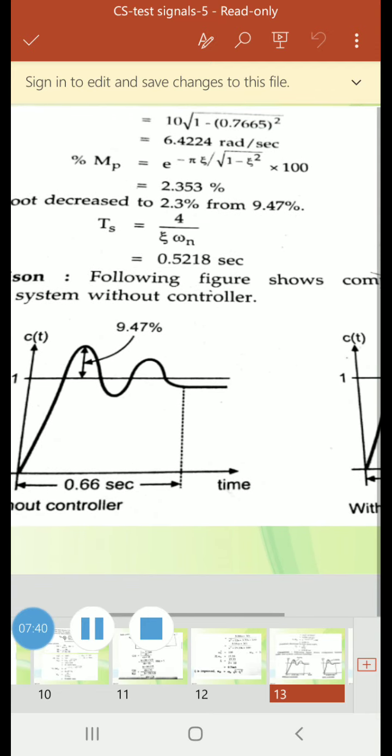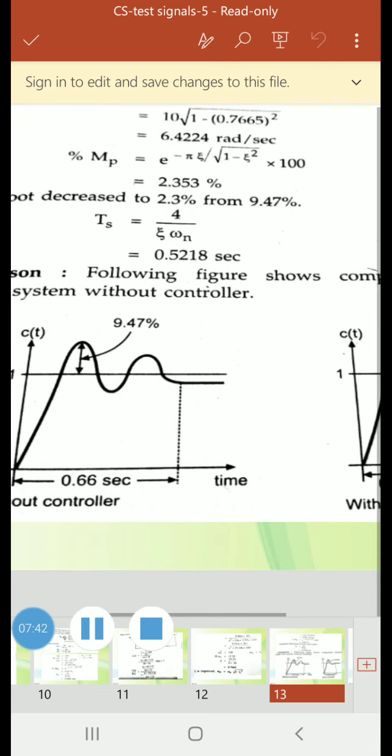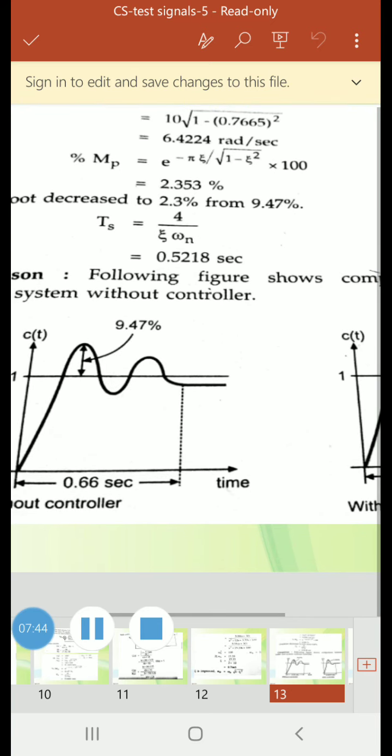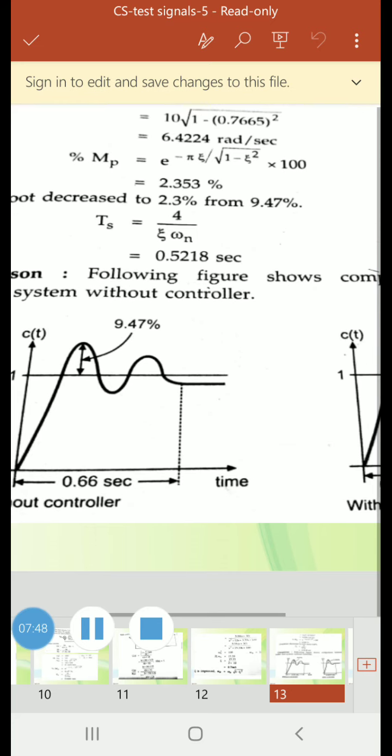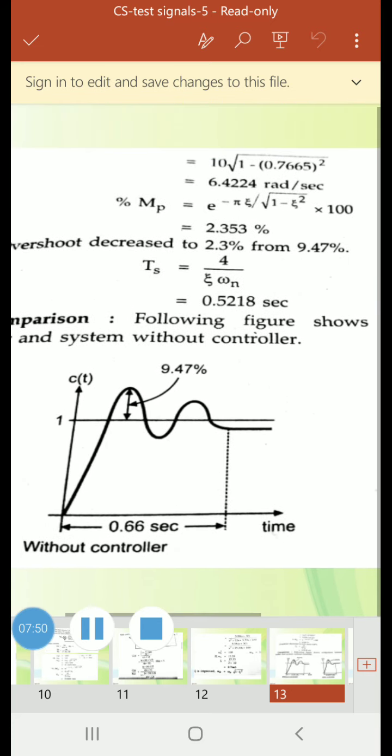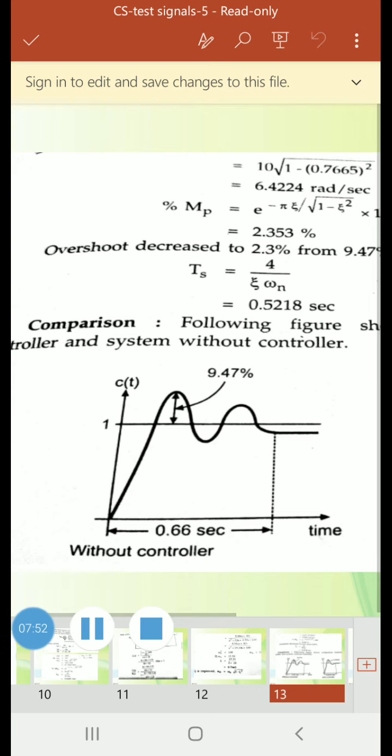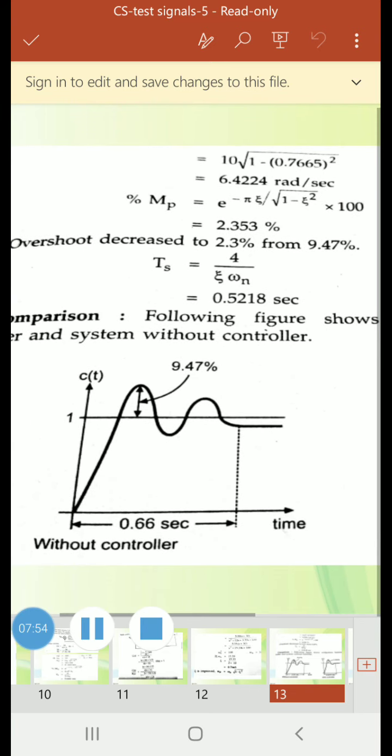So percentage MP is equal to e raised to minus pi damping ratio by root of 1 minus damping ratio square into 100, which is 2.353%. Overshoot decreased to 2.3% from 9.4.